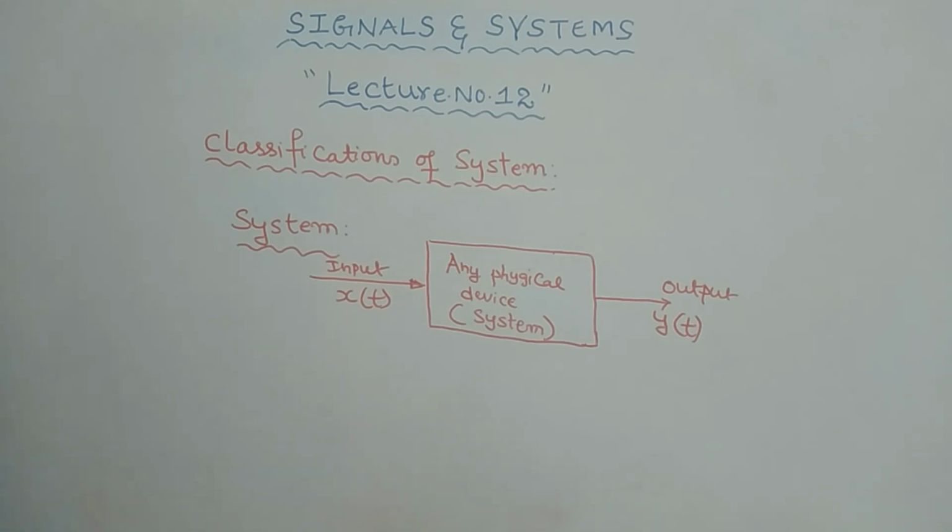A system can be an interconnection of many subsystems. Take any electronic circuit, like a VLSI circuit, very large scale integration, or any integrated circuit. It is a combination of multiple sub circuits, like amplifiers, oscillators, and many other things.